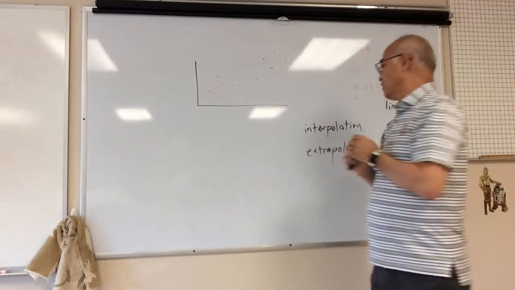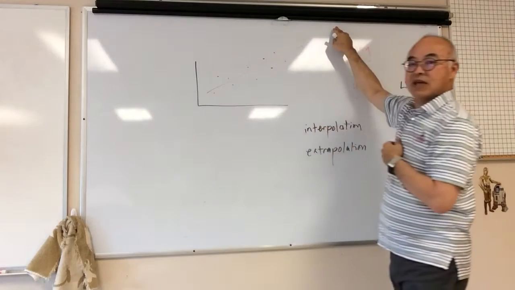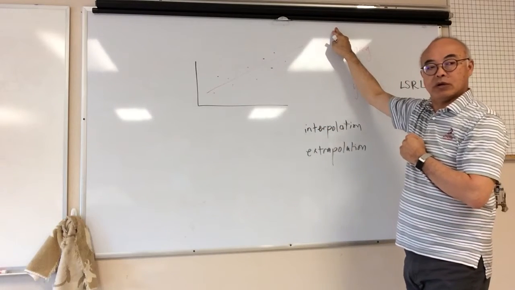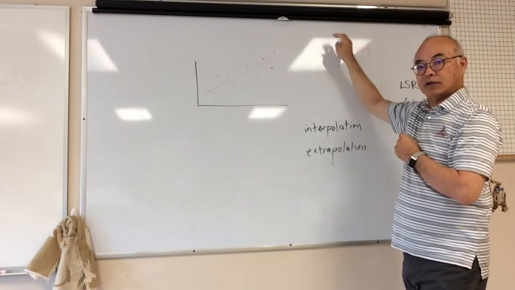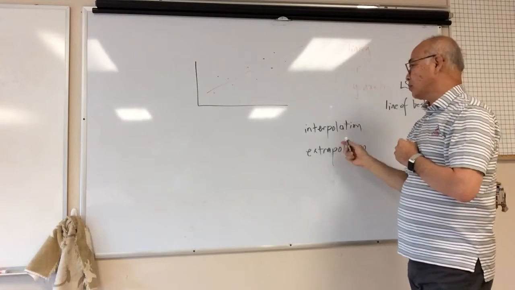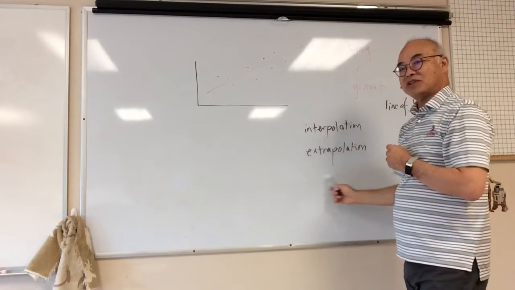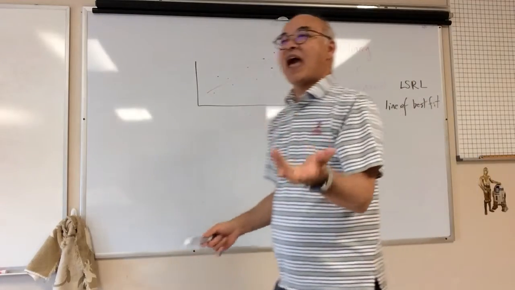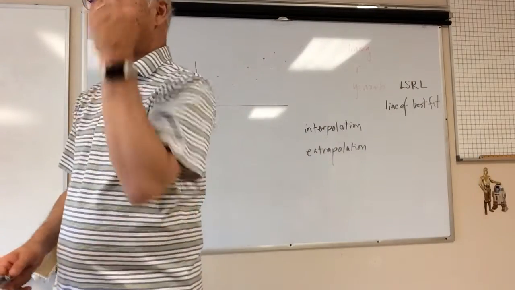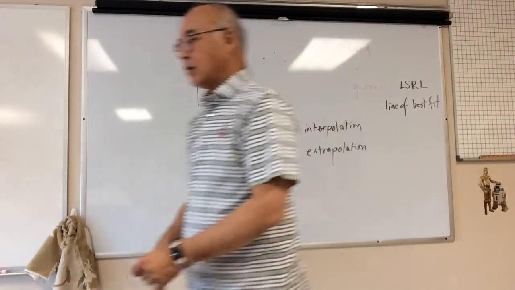Extrapolation is when you predict out here, outside of the data boundary. Which do you think is going to be more accurate? Interpolation. So interpolation good, extrapolation no good. Not no good, but really not as accurate as you're going to be within the interpolation.